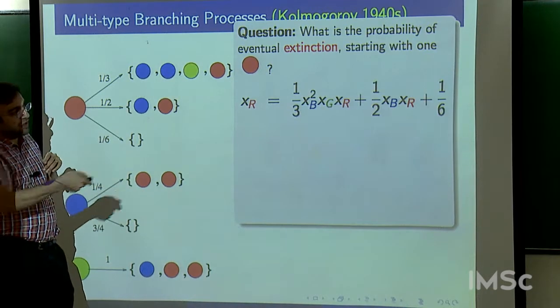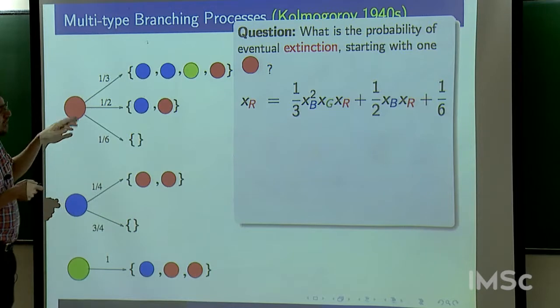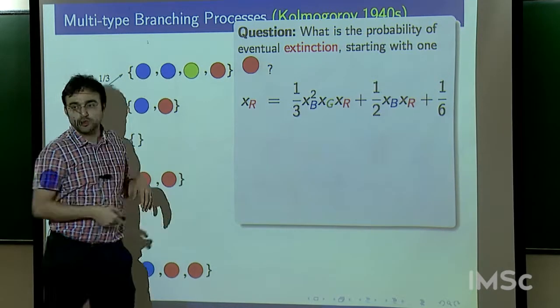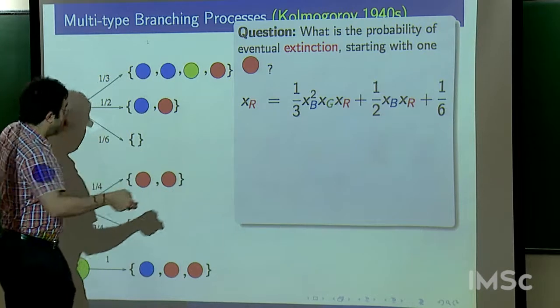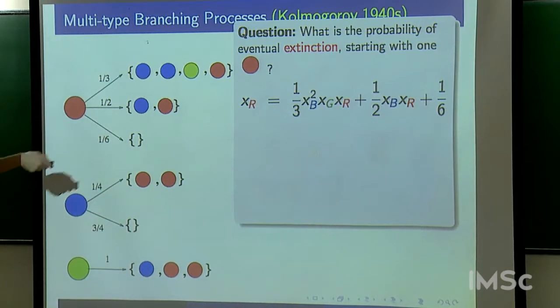consider this polynomial. What is this saying? I'm going to associate similar variables for the probability of extinction starting with each of the possible types, right? Now, with 1/6 probability, I'm going to go extinct in 1 generation. So that's where this constant term comes from, right?